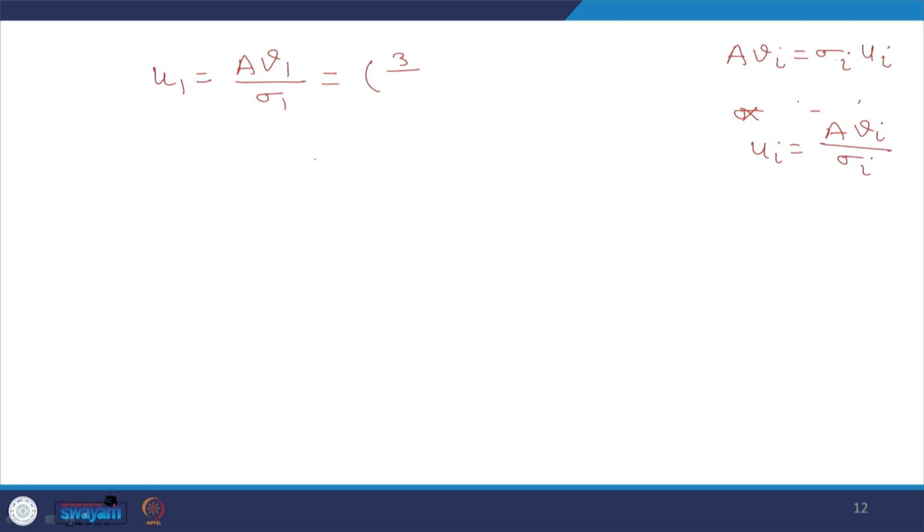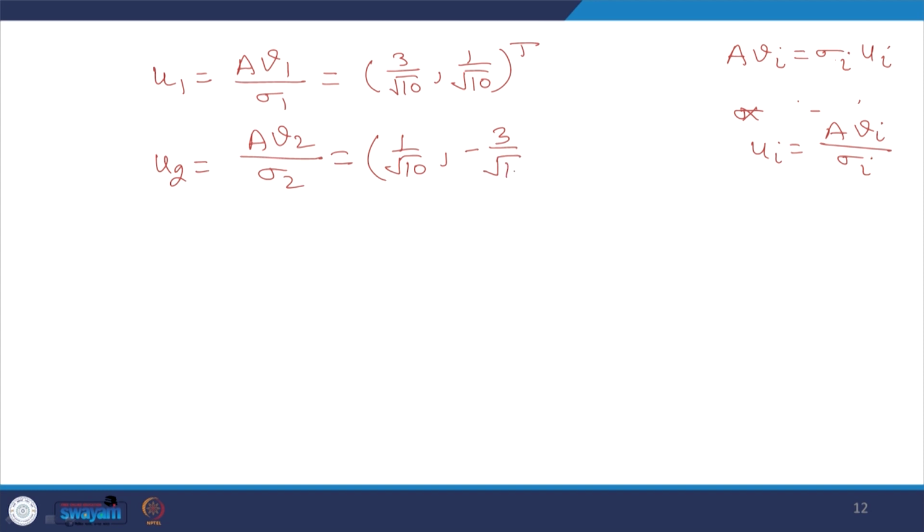So, u1 will be A V1 upon sigma 1, which comes out to be 3 by root 10 and 1 upon root 10 transpose. Similarly, u2 becomes A V2 upon sigma 2, which is 1 upon root 10, minus 3 upon root 10 transpose.